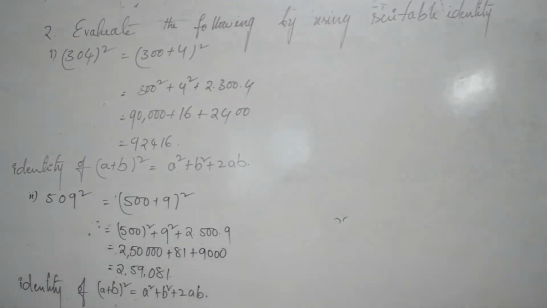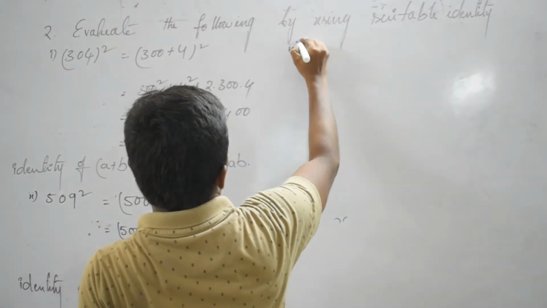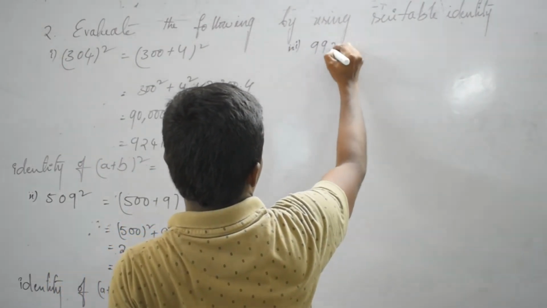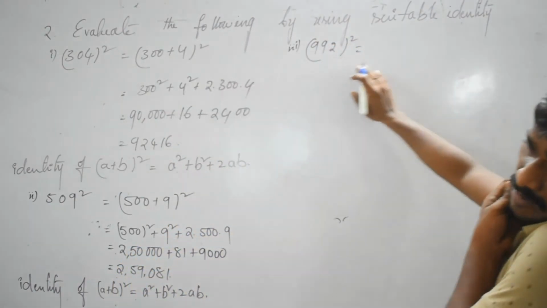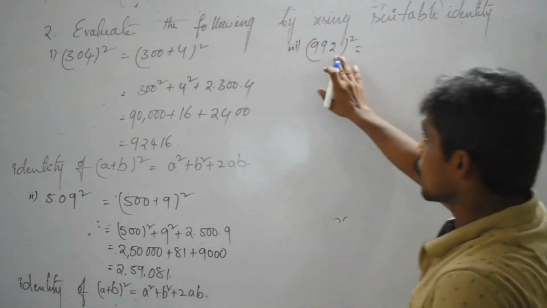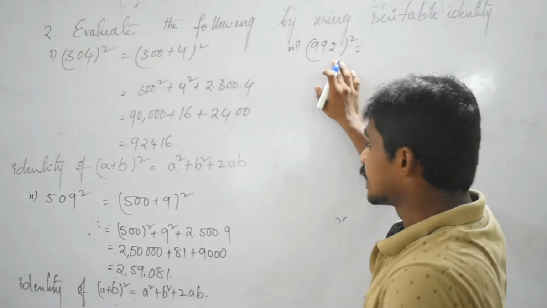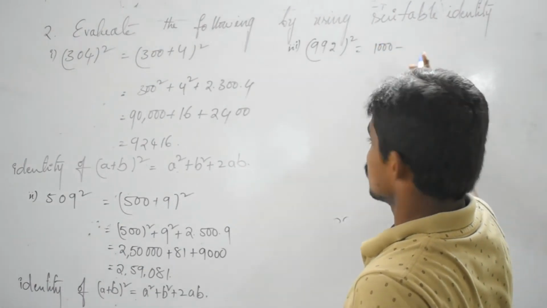Next one. Here third one, 992 whole square. Convert this into a and b terms. 992 is nearest to 1000, minus how many?